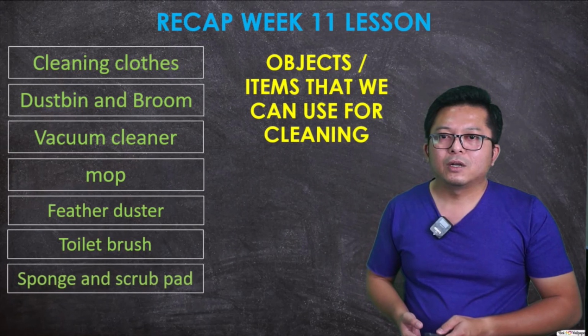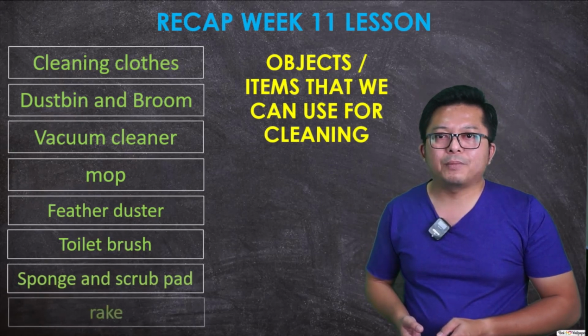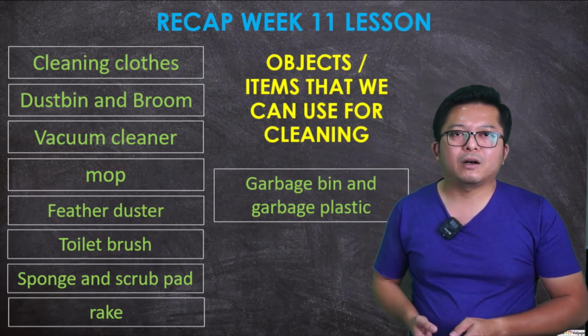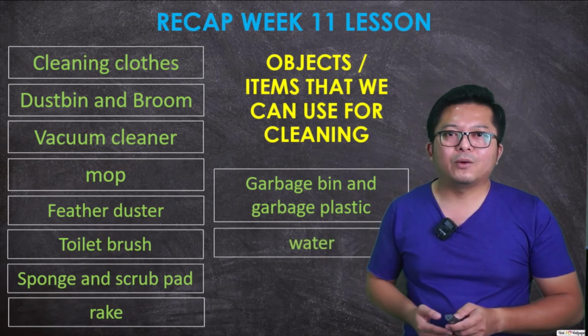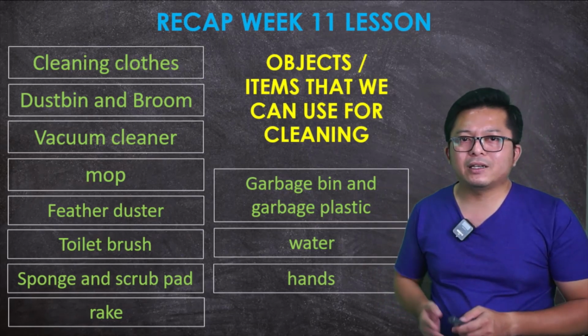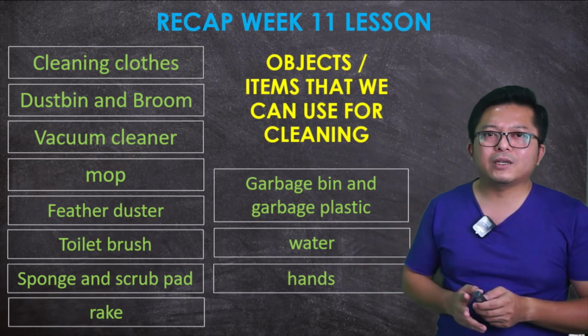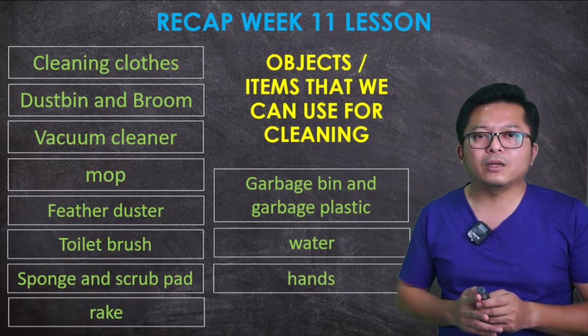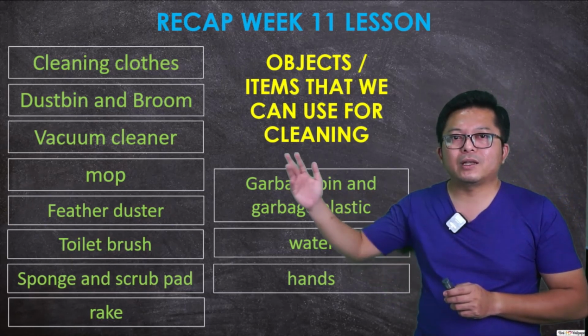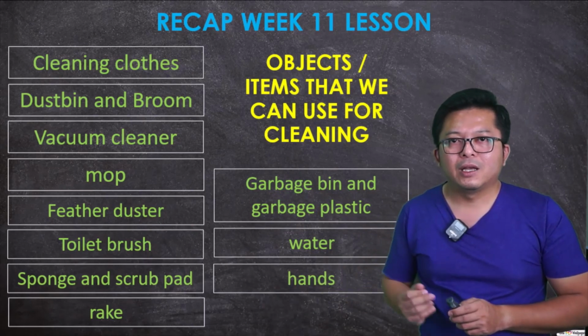Toilet brush, sponge and scrub pad, a rake, garbage bin and garbage plastic, and water and your hands. Like I said, there are many ways that we can do, many things that we can do to keep our home clean using these objects.